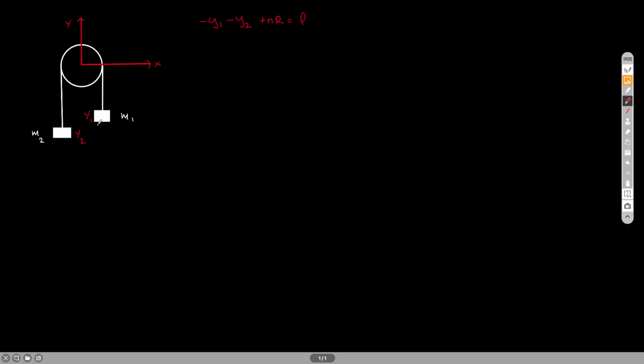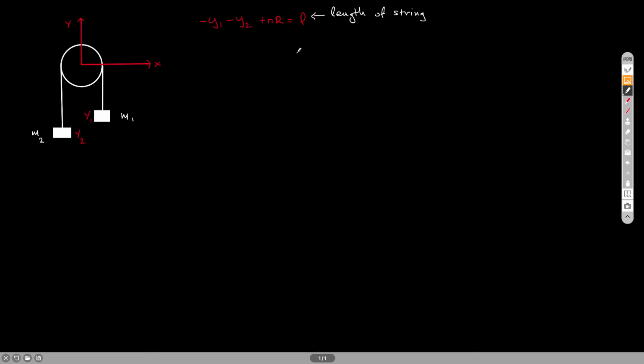Now, because the string, the rope, has a fixed length, if I add minus y1, since y1 is a negative number, I get the length of this part of the string, plus minus y2 gives the length of this other part of the string, plus half of the circumference of the circle, pi r, gives the total length of the string, L. Okay, and this is an important relationship to keep in mind.